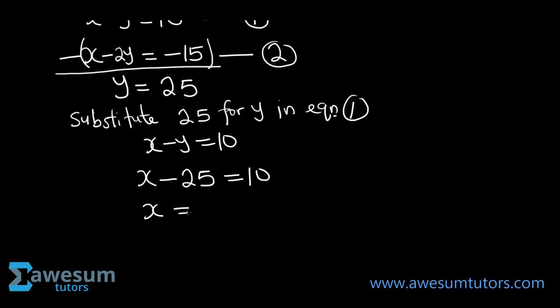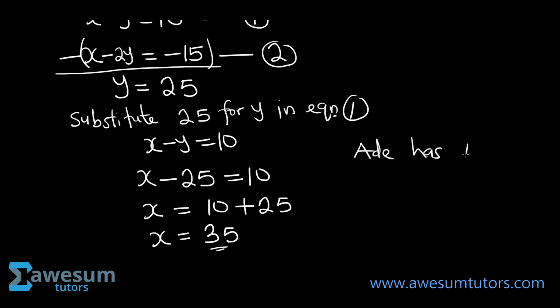X equals to 10 minus 25 goes to the other side and gives you plus, that's positive 25. That means my X equals 10 plus 25 is 35. Very good, guys. So that tells me that Ade initially has 35 naira.